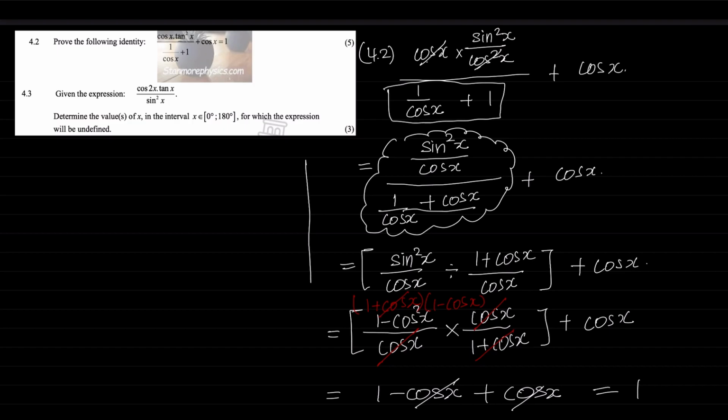Okay, let's move on. Question 4.3. Given the expression cos 2x times tan x divided by sine squared x, determine the values of x in the interval x is an element of 0 to 180 for which the expression will be undefined. So tan x has asymptotes, and it's also undefined when the denominator is 0.